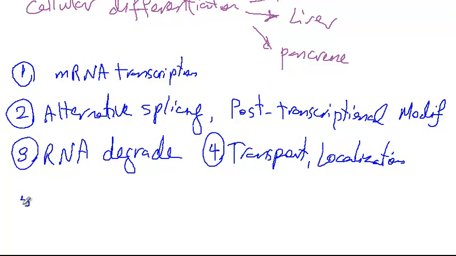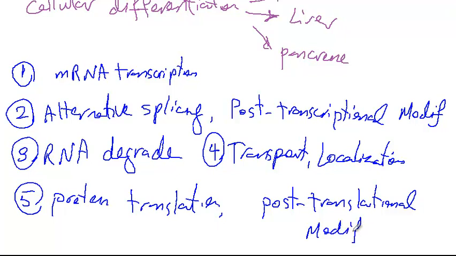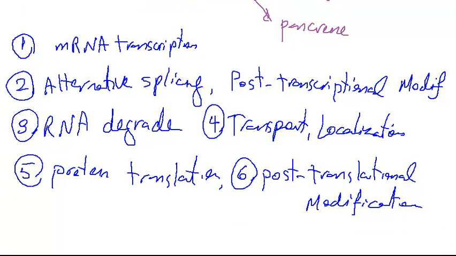And then protein translation, as well as post-translational modification. All these processes can affect gene expression. So interruption of any of these processes can affect gene expression. So that's one mechanism of regulating gene expression.